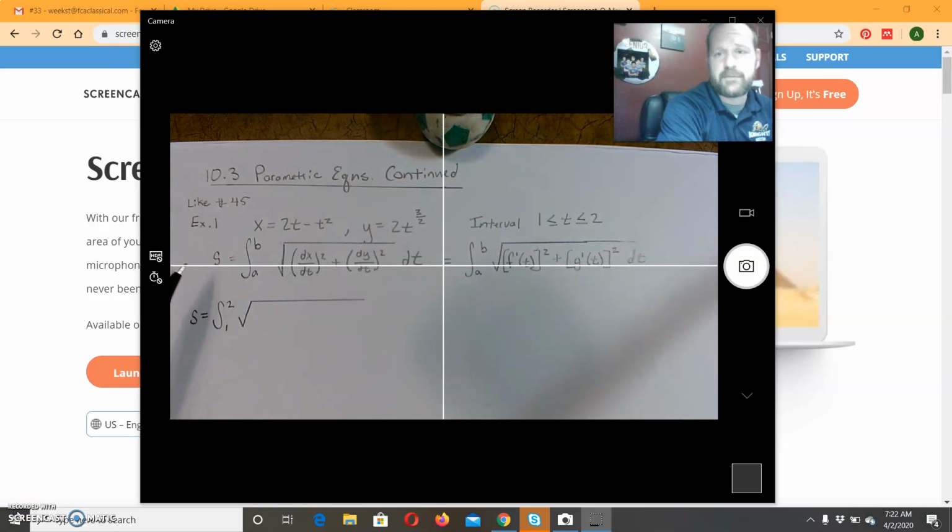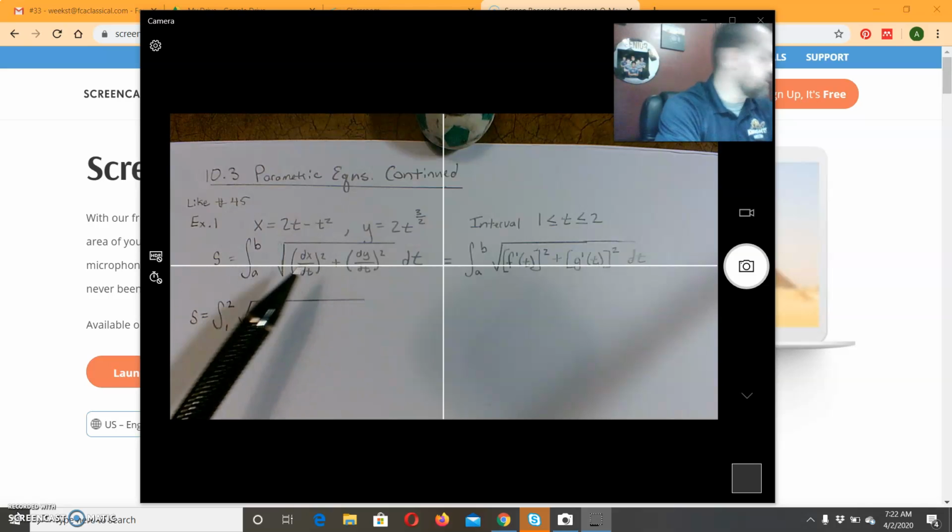Okay, so in your book, you have the equations for arc length. So here's the equation for arc length, looking at this in parametric form.